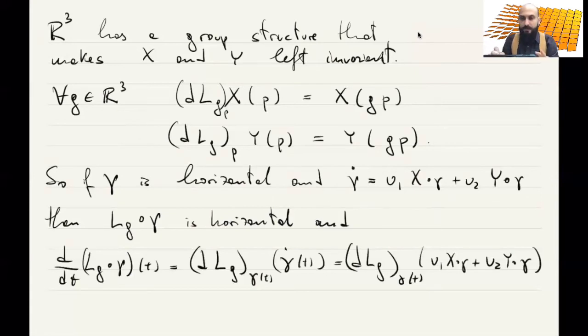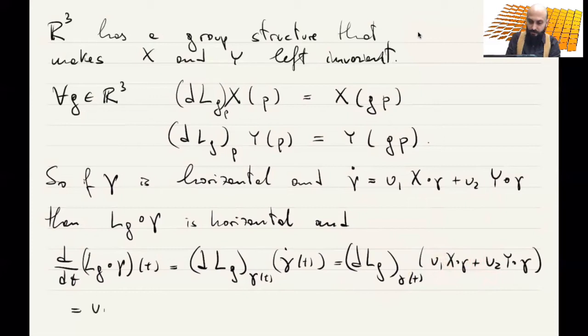Now this is fixed t, right? So u1 and u2 are scalars, so they go out. This differential is a linear map, so I can split the sum and remove the scalars.